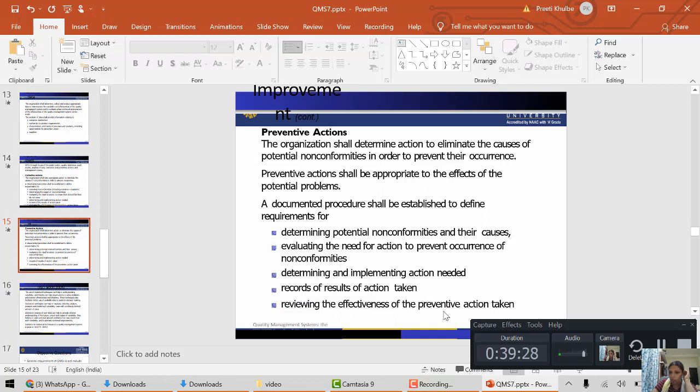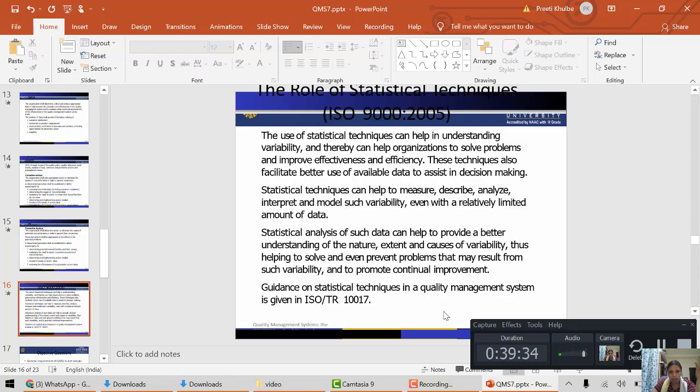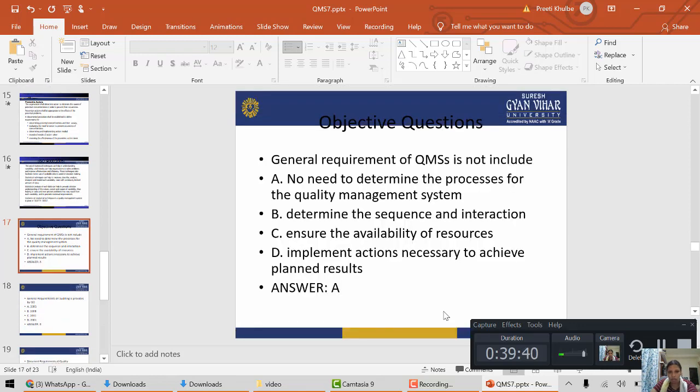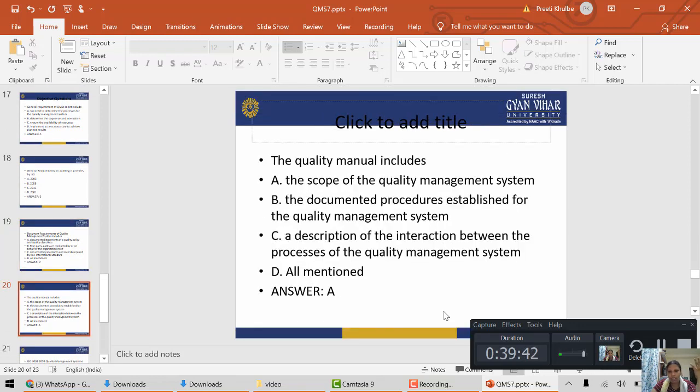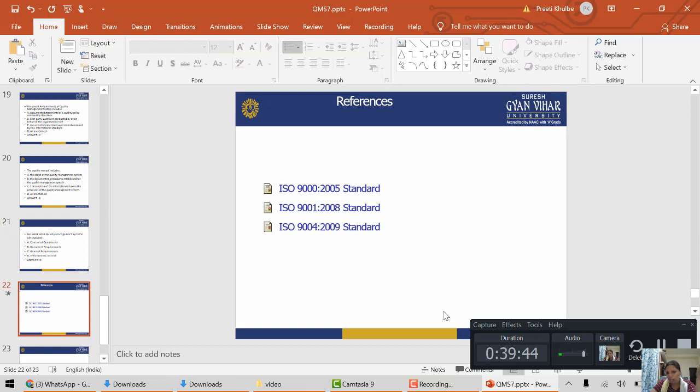Preventive actions in improvement, corrective as well as preventive, two types of action we can take. We already mentioned the role of statistical techniques, how they work and how we can work with them. And we have already discussed some objective questions related to it, and references also.